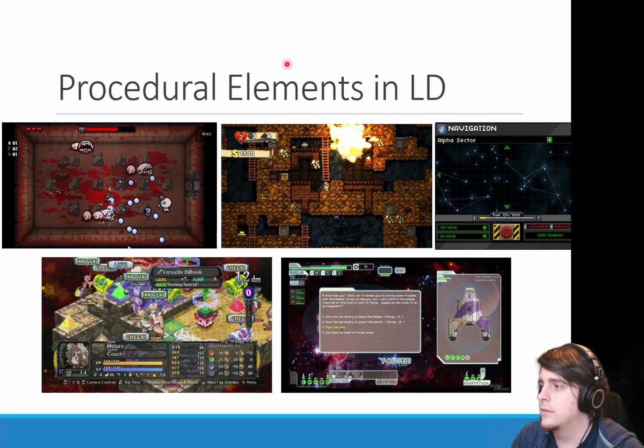Again, items, shops, monsters. It's a 2D side-scrolling implementation of the same ideas in Binding of Isaac. Faster Than Light randomizes the map, but really it randomizes events that the player encounters throughout the map.